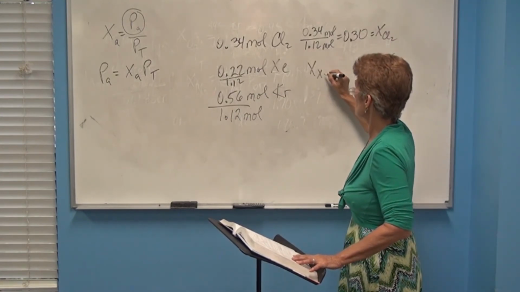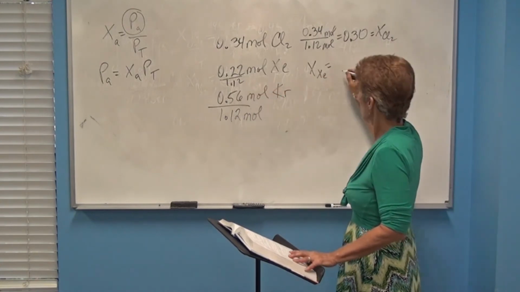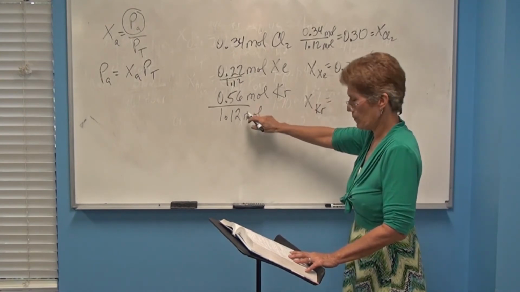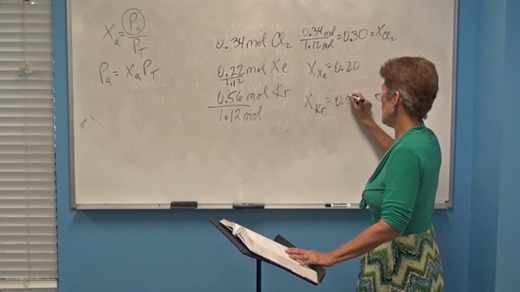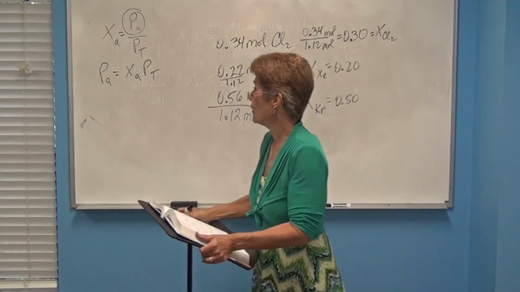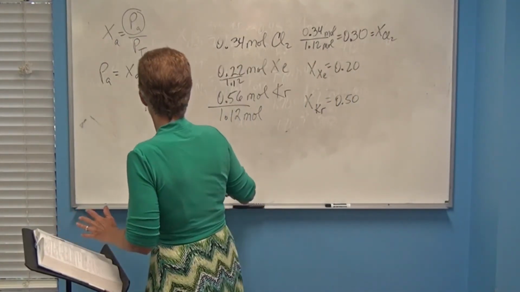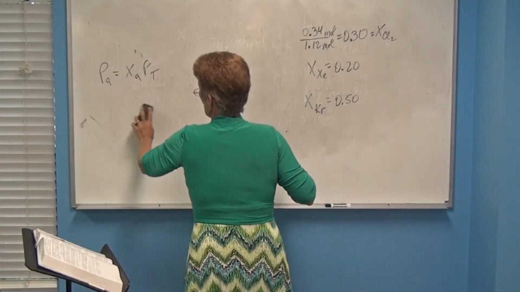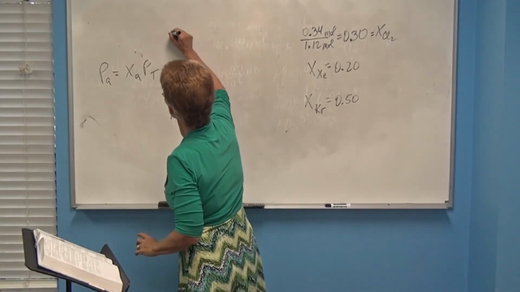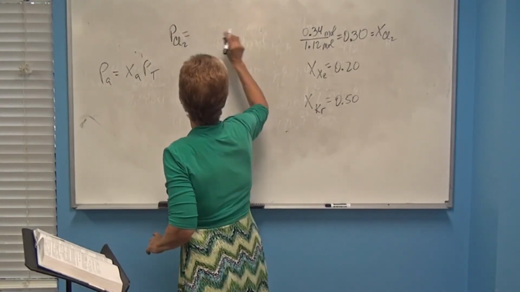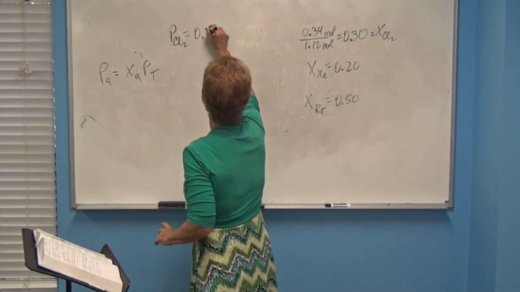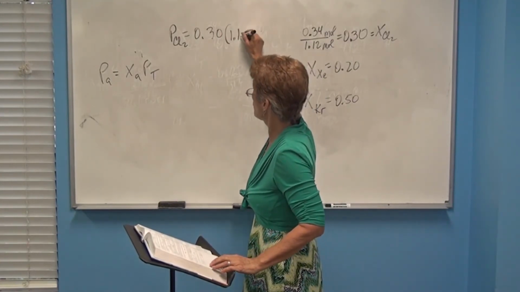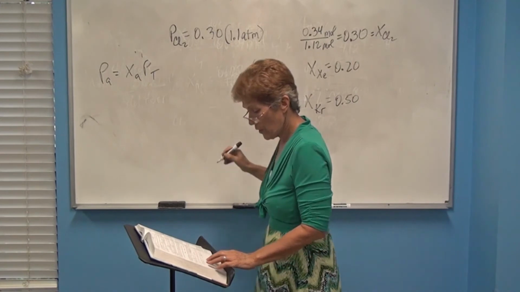The mole fraction for xenon gas is going to be 0.20, and the mole fraction for krypton gas is going to be 0.50. Now that we have that, we can go back over here and figure out the partial pressures of each of these gases, because we know that the partial pressure of the chlorine gas equals the mole fraction, which is 0.30, times the total, which we're given in the problem as 1.1 atmospheres.